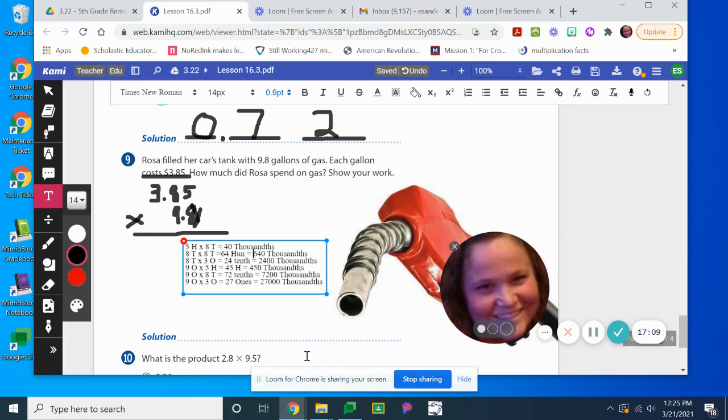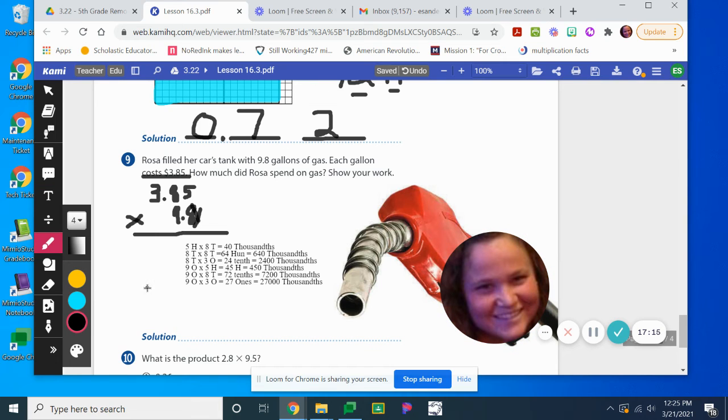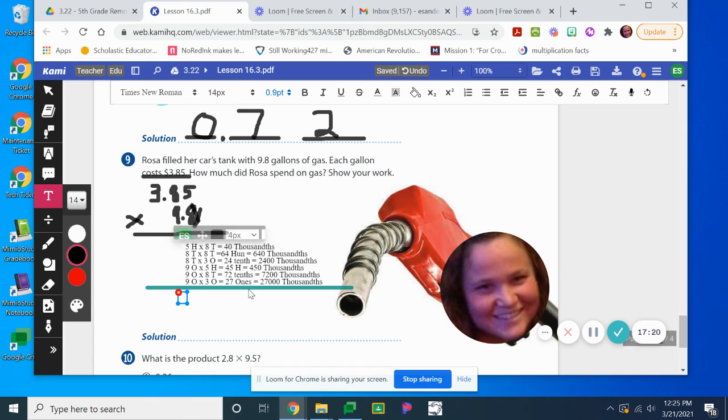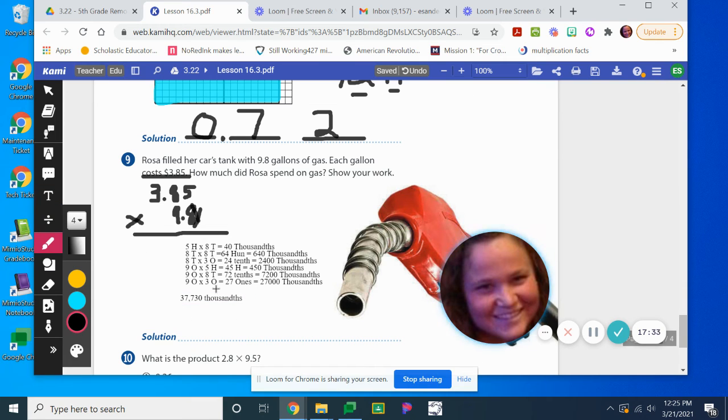If I were to add all those up, what I get is, are you ready? 37,730 thousandths. All right, so what does that mean as far as my decimals? Because I don't have 37,730 thousandths dollars, right? That's not how we talk in dollars.